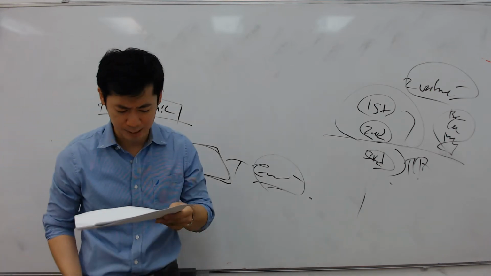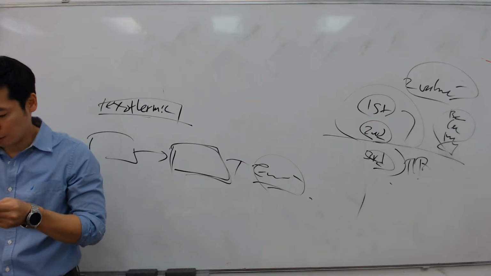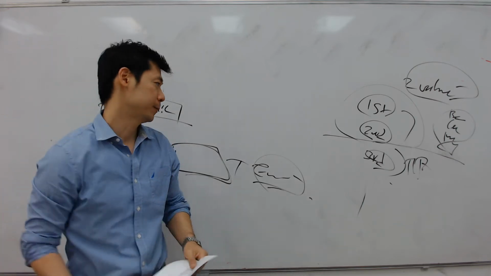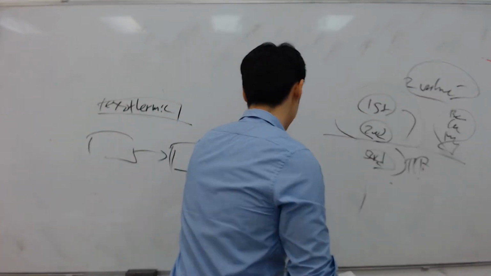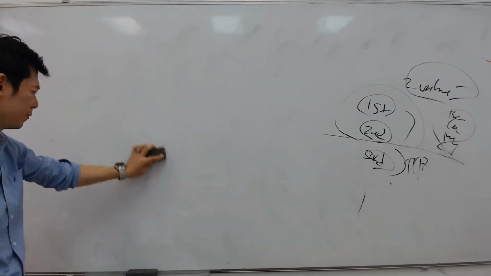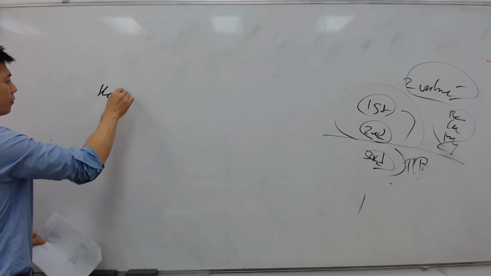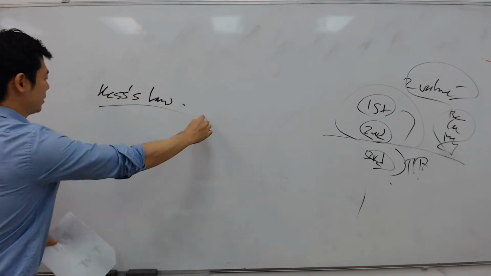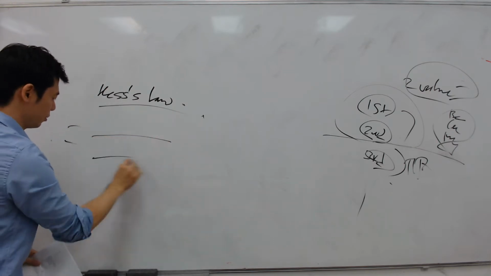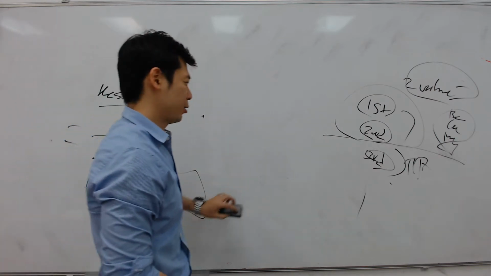So the question is asking which of the following combinations of reactions is exothermic. This is a relatively hard question, which deals with what we call Hess's law, meaning you're adding two reactions to get the resultant reaction. Note that they have two processes going on here.